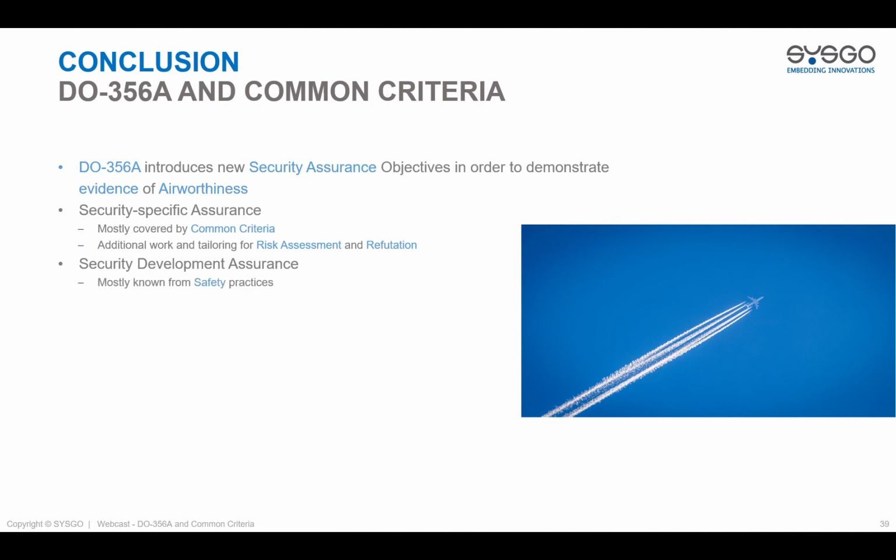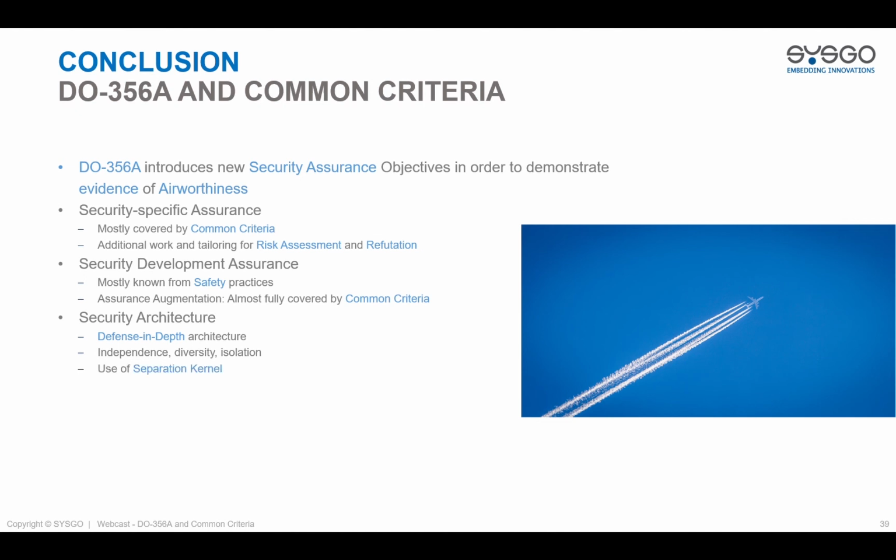These augmented development assurances are also mostly covered by Common Criteria. I've quickly shown the security architecture as introduced by DO-356A. The defense in depth architecture: we've shown how you can implement independence, diversity, and isolation by means of a separation kernel. Basically, that's it. Thank you very much.